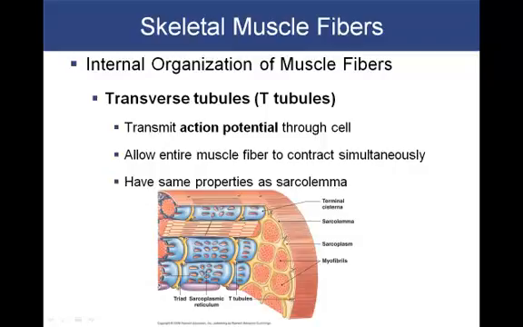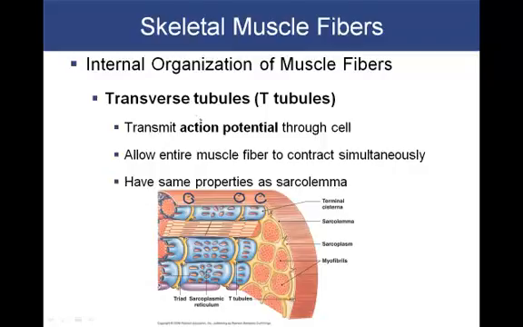As we look at the sarcolemma, we notice these small channel openings along the surface of the sarcolemma. And these are the openings of the transverse tubules, or T-tubules. And the function of the transverse tubule is to carry the action potential.